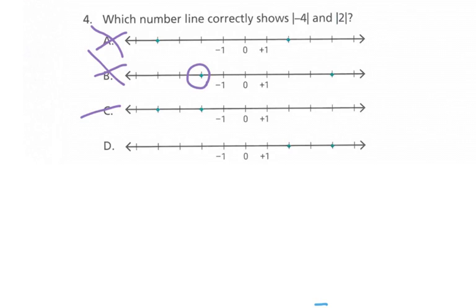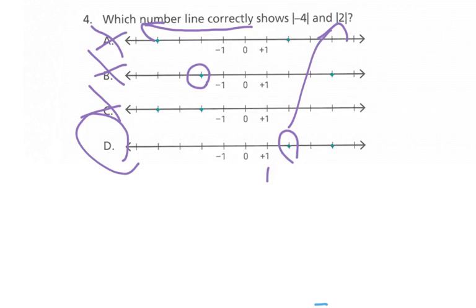And I know it's not C, because it has negative numbers. Any numbers that are to the left of the 0 are negative. So that means it's got to be letter D. Here's a 1, this one's a 2, so that matches. 3, 4, and that matches this one, because the absolute value of -4 is just plain 4, or +4.